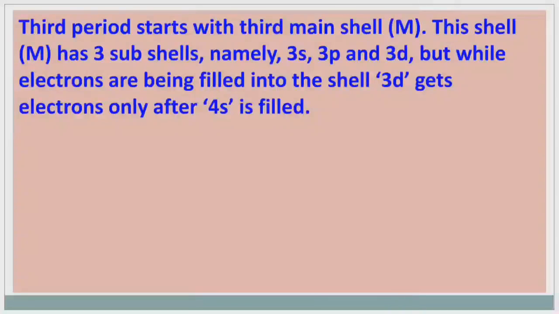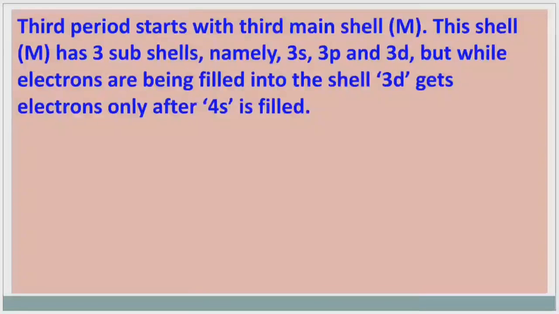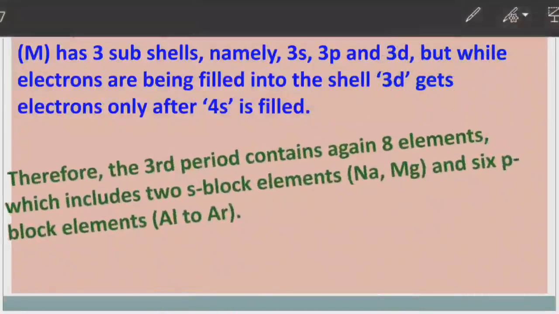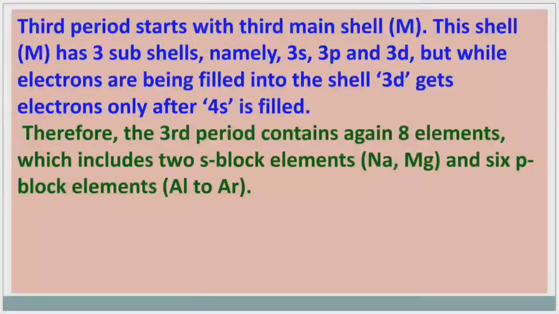While electrons are being filled into the cell, 3d gets electrons only after 4s is filled up. So 3d goes to the fourth period. In the third period, only 3s and 3p orbitals are filled up. That's why the third period also contains 8 elements, which includes 2 S block elements and 6 P block elements. Total 8 elements.